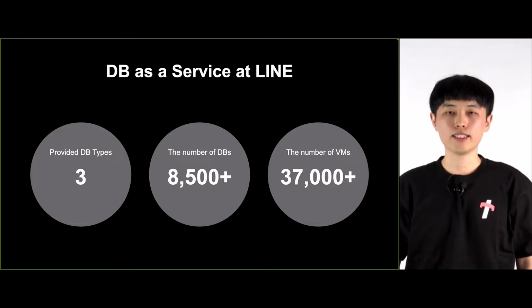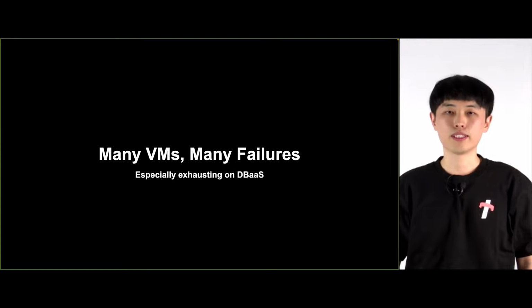But it requires a lot of operational cost to deliver so many DBs in a stable manner. And what gives us the most headache is the VM failures. The more VMs you have, naturally, you have more VM failures. It's all related to software issues as well as hardware failures in the hypervisor.